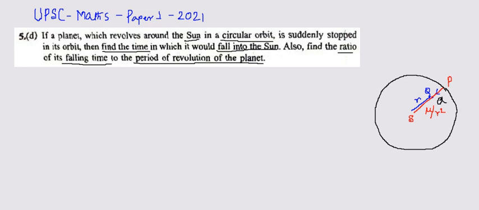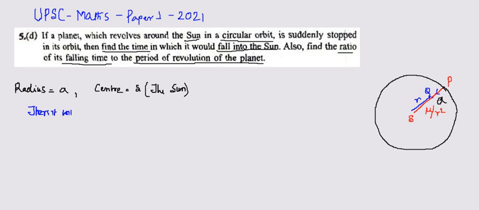Let a planet describe a circular path of radius a, with center S, that is the sun. This is stopped at the point P of its path. Then it will move towards S.